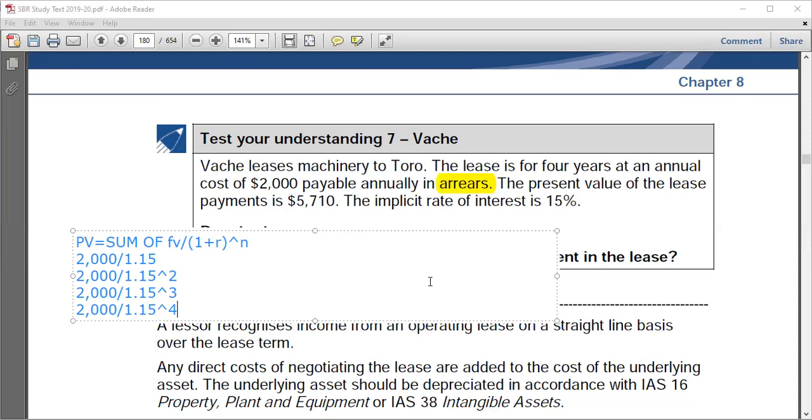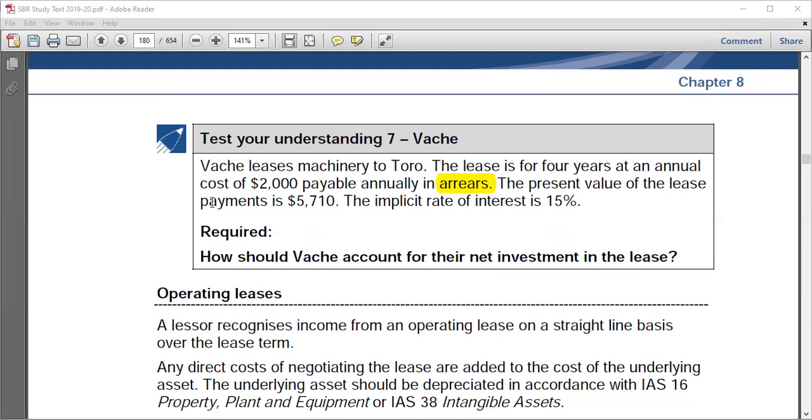So right now you have to know that all this cash expected to be paid has been factored in to arrive at this figure. So when you need to manipulate it, it shouldn't be a big deal because you know what is incorporated inside. All right. So the question says, how should the company account for the net investment in the lease? This figure, net investment in the lease, is the lease receivable, so it's no issue, right? How should they account for this?